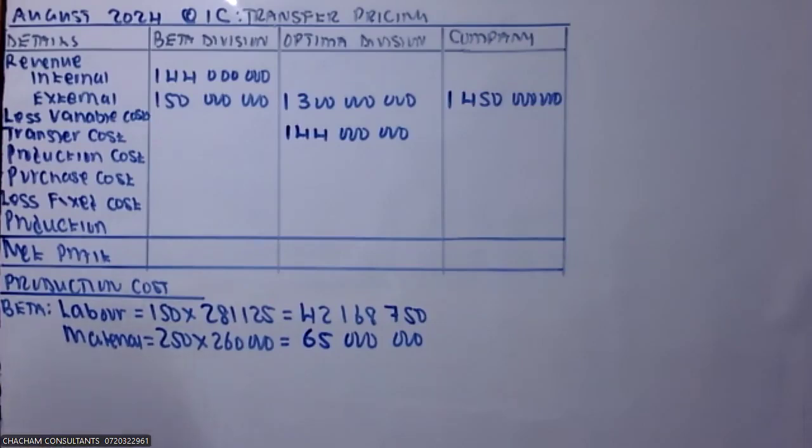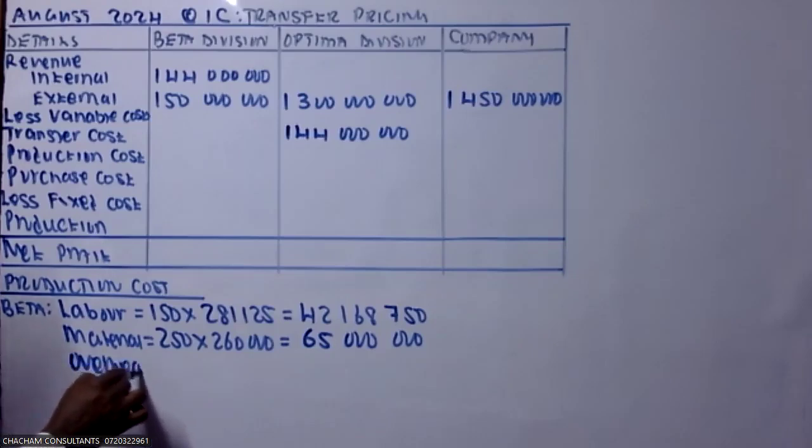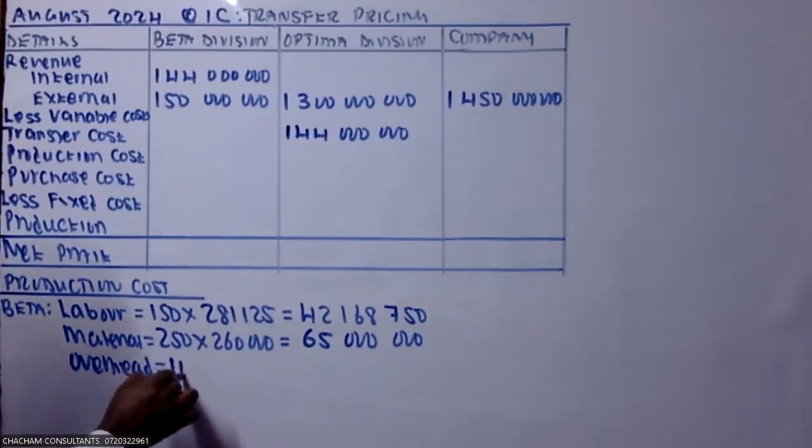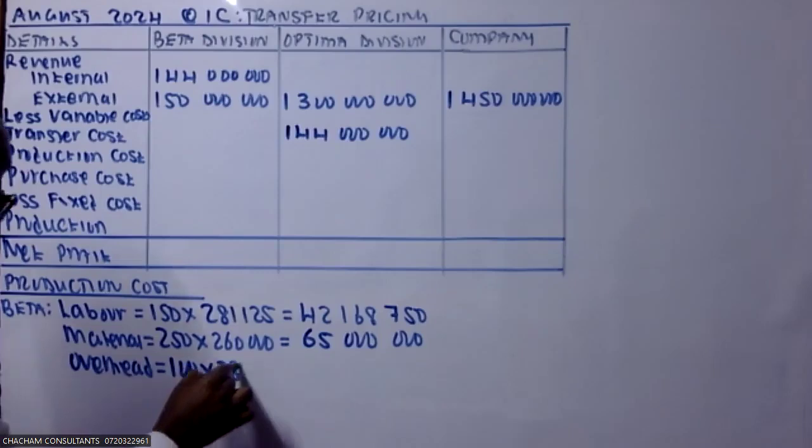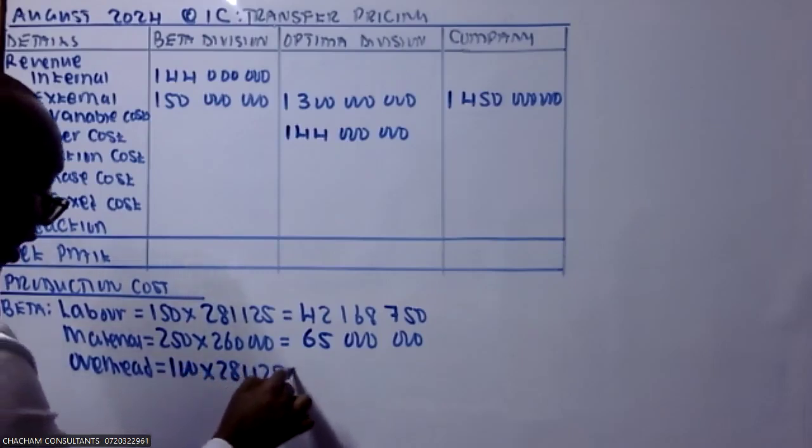The next one that is mentioned there is overheads. They are telling us it is 100 per hour. So it will be 100 times this 281,125.